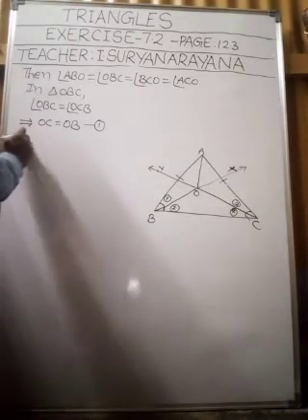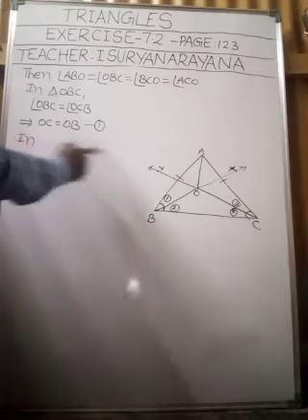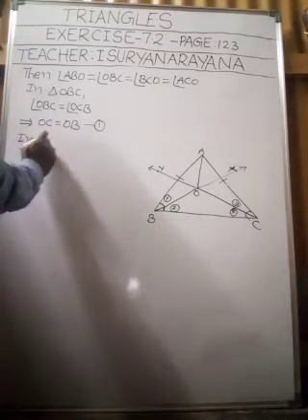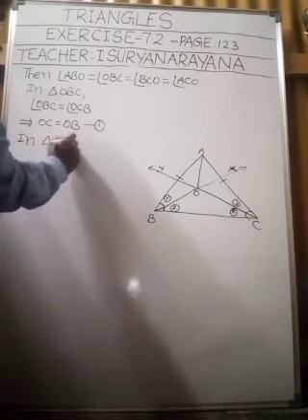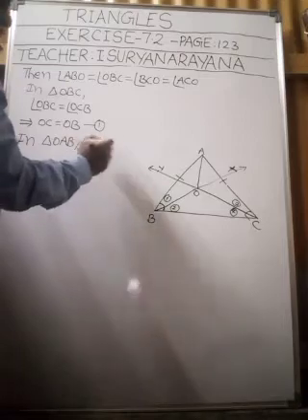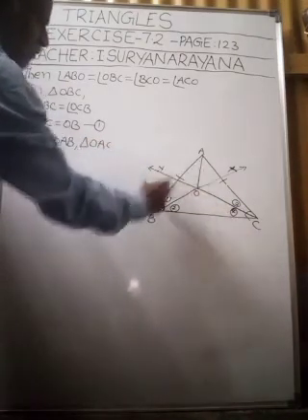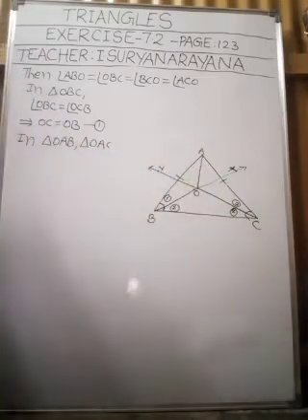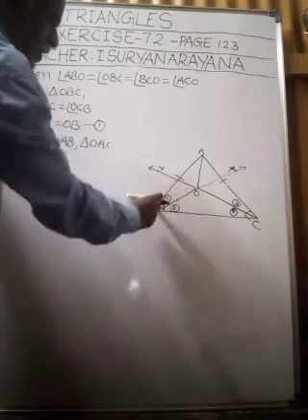In the second part, in these two triangles OAB and OAC, OB is equal to OC.